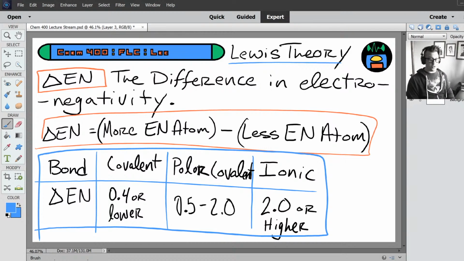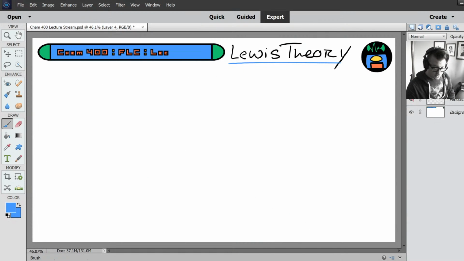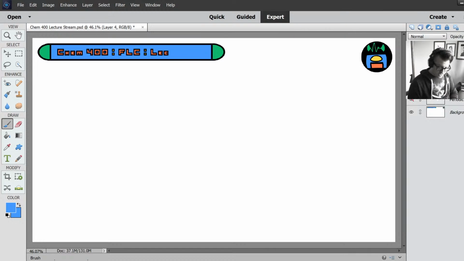So the way you determine whether you're ionic or covalent is by looking at the difference in electronegativity. Again, we'll be spending a lot more time with this in the future. For now, let's go ahead and dive in to talking about ionic Lewis structures.